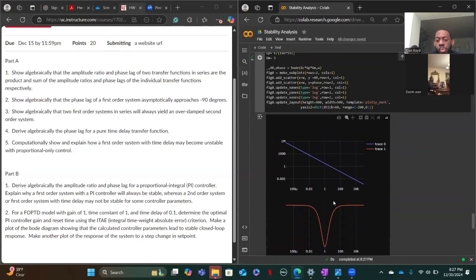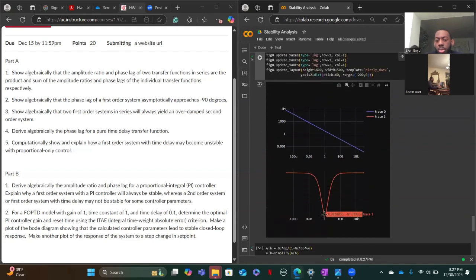The y-axis goes to... okay, and then... oh, it's super zoomed in. You zoomed out, that's why. Yeah, this is the zoomed in.